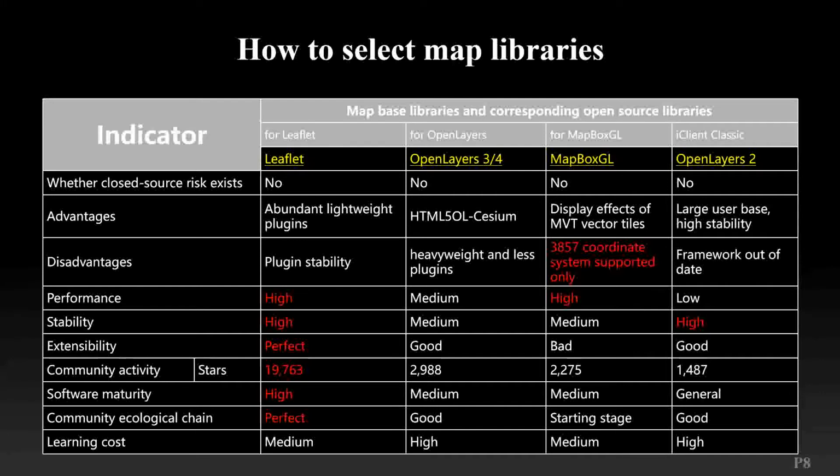And if you want to create something very complex and you have a lot of spatial requirements, then I think you can use OpenLayers. Another one is iClient Classic, which is based on OpenLayers 2 and also has some other features. So most of the time we can just use Leaflet directly.